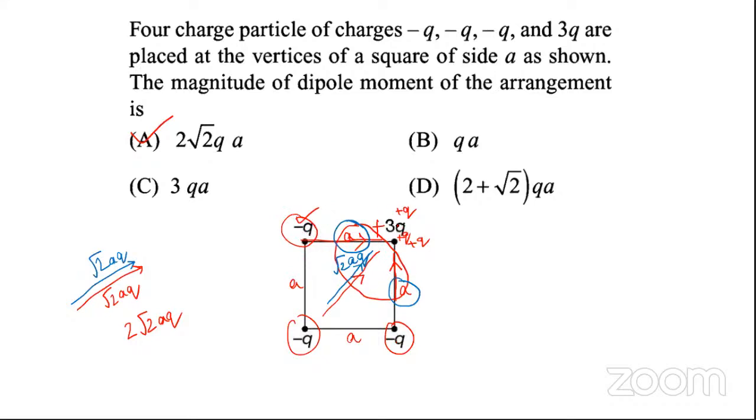So this 3q will be divided into three parts for all of them, because equal charges are needed to form the dipoles. So we have taken three dipoles: minus q and plus q over here, then one minus q and plus q again over here, and another plus q and minus q over here.